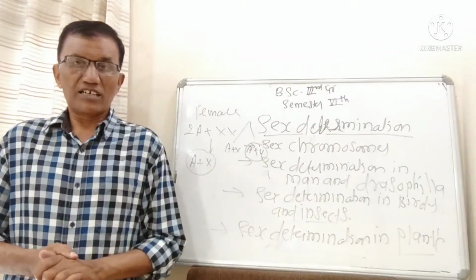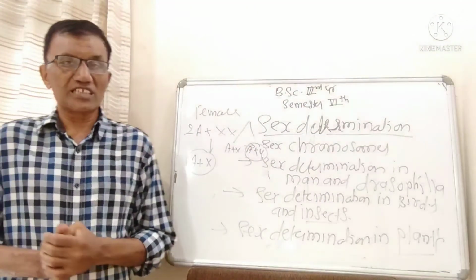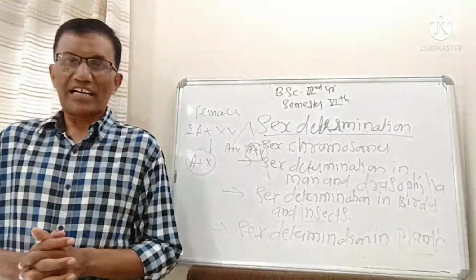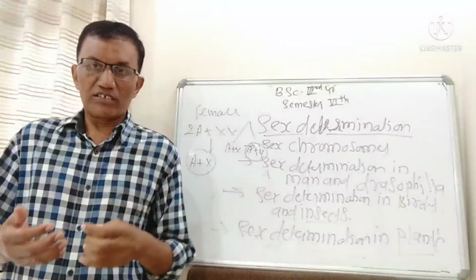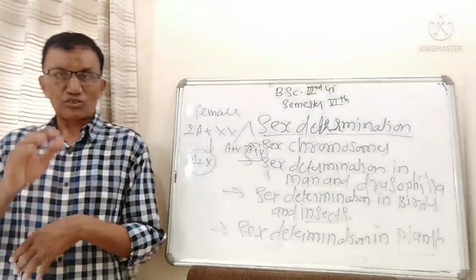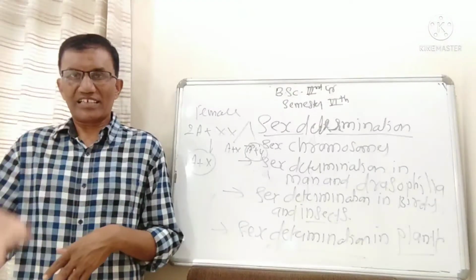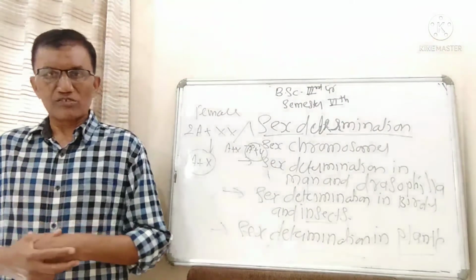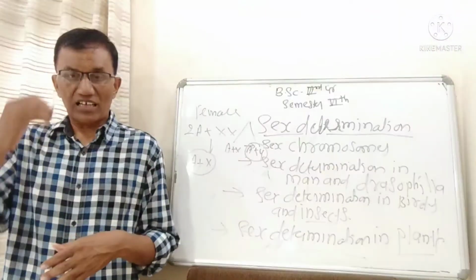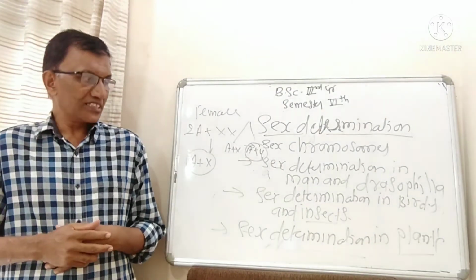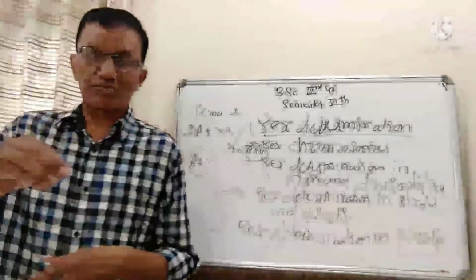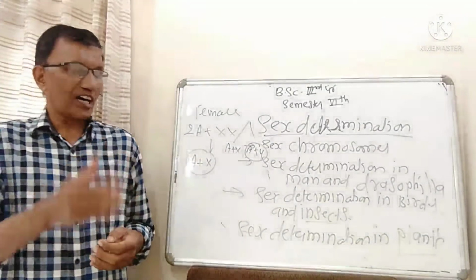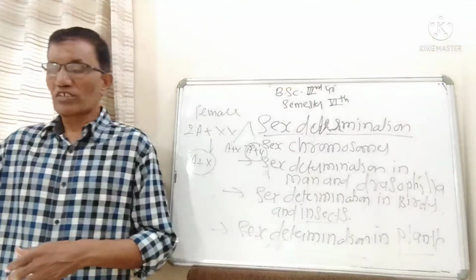After that, another important aspect of this chapter is sex-linked inheritance. Already we have seen that the sex chromosomes, XX and XY, are mainly responsible for the determination of sex of the individual. Along with this, certain genes are also present, which not only determine the sex but also control other characters and how they are inherited from one generation to another.